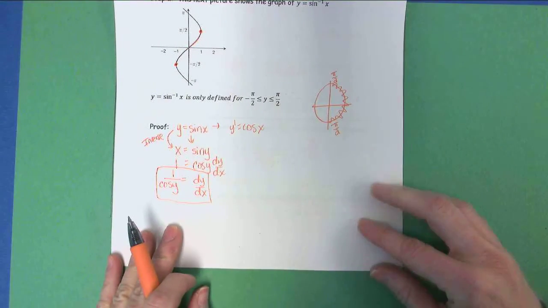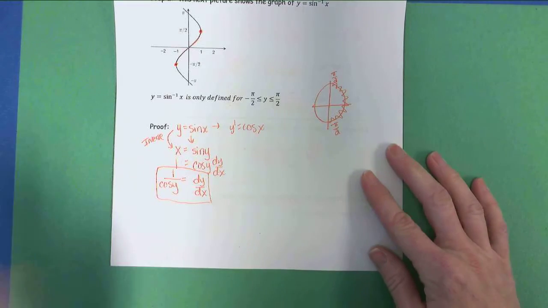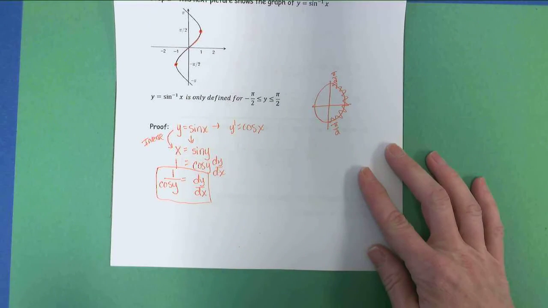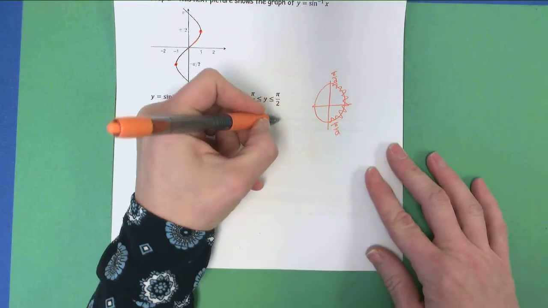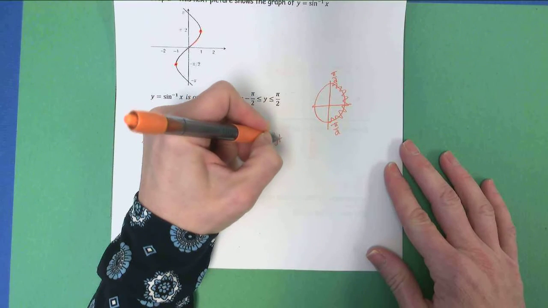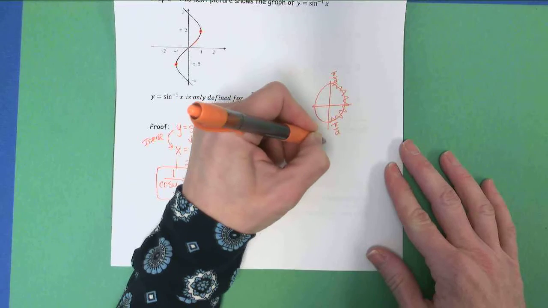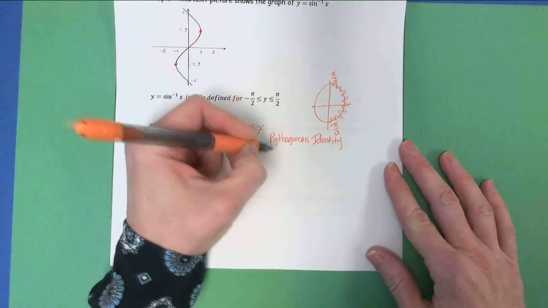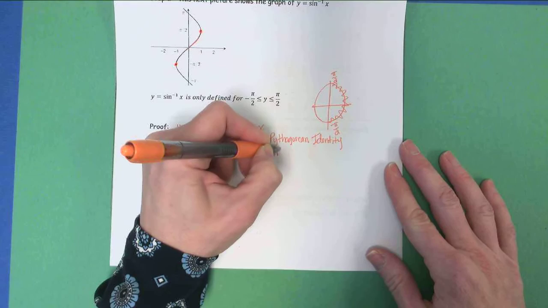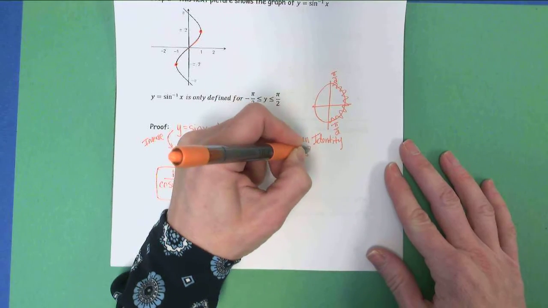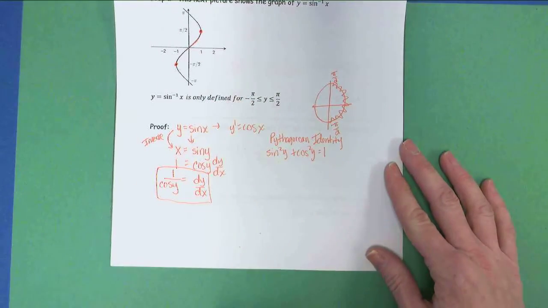So what we're going to do, and this is going to seem a little odd, it's going to seem like we're going off on a little bit of a tangent here. We're going to actually remember the Pythagorean identity that we studied earlier this year. The Pythagorean identity says that sine squared y plus cosine squared y equals 1.